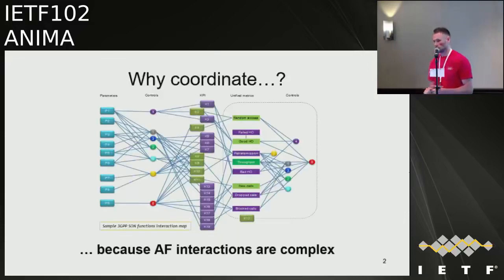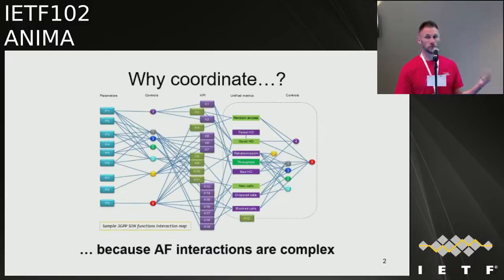Next slide. So first, why we need to coordinate. This diagram, I don't need to go into the detail, but it's an example of different autonomic functions in a mobile environment context, where you have a set of parameters, a set of metrics, different functions that use these different parameters and metrics, and the interactions of all these different functions together.